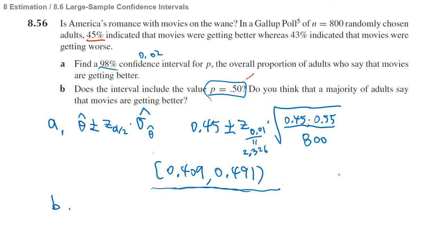So we don't think that the majority of adults say that movies are getting better, because 0.5 is not included in our confidence interval with 98% confidence. You can say that as the answer for B. Okay, and homework for 8.6 are these.